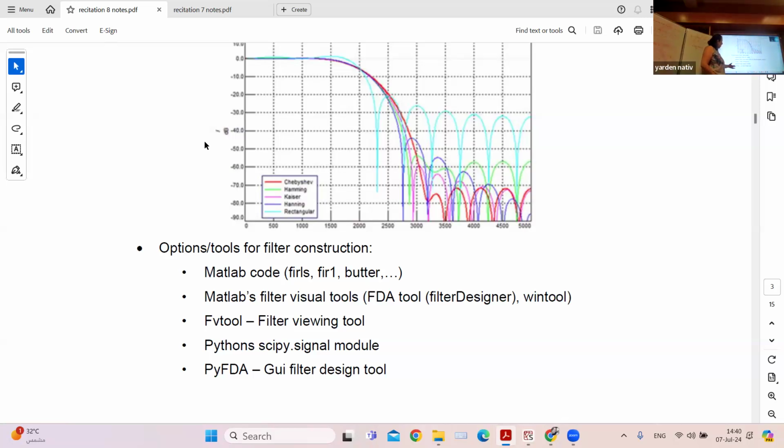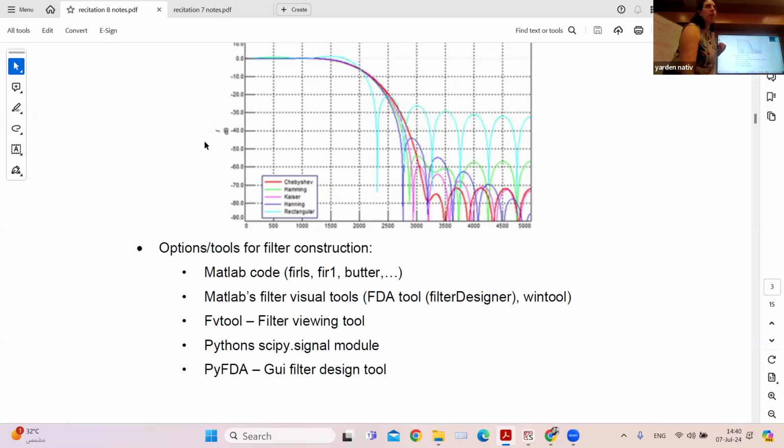Here you have a few tools to view your filters. In these tools, you just click on a button, and then you can see the different types of filters both in the time and in the frequency domain.